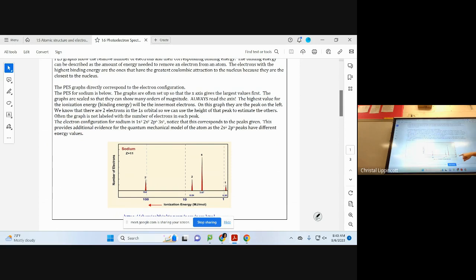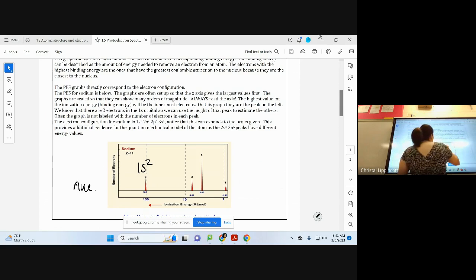Then you look at number of electrons. So I always find my nucleus. My nucleus for this guy is over here. And so this is going to be my 1s, and I've got 2 electrons there. Notice that there's a gap here. We've got distance. It's getting further away from the nucleus, so it's a little easier to pull away.